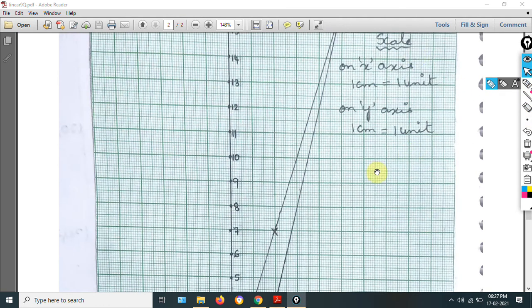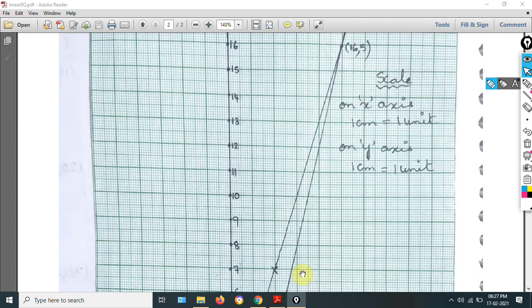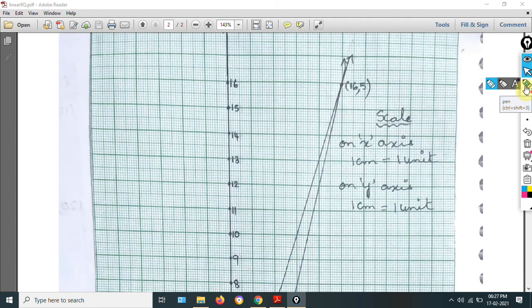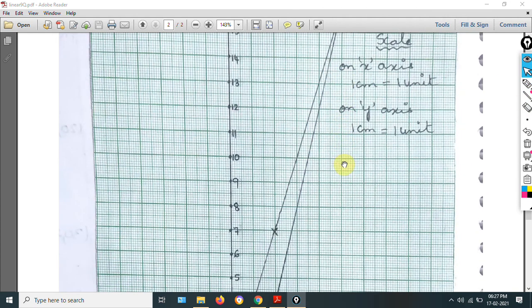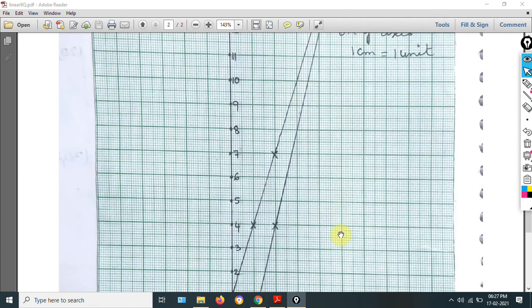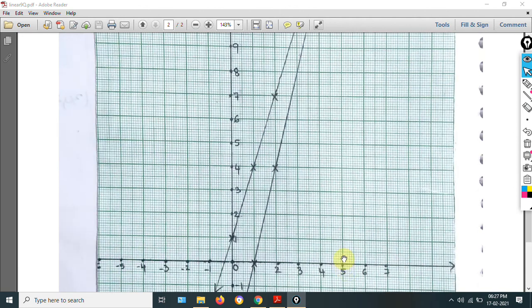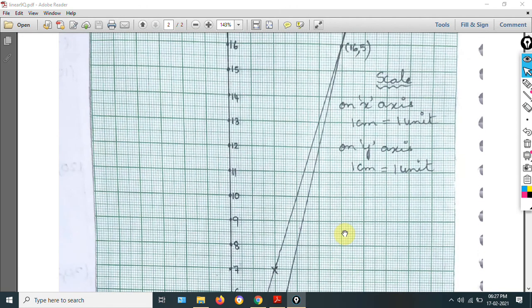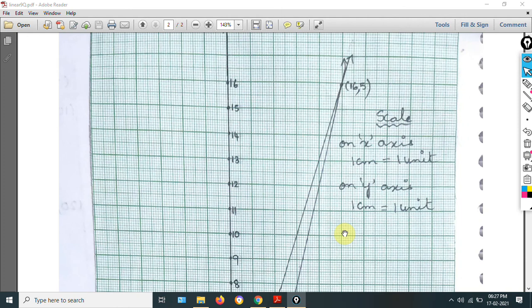Where they are intersecting, that is the answer. We should come down and see this is 5 on the x-axis, and on the y-axis 16. So the answer is 5 comma 16.